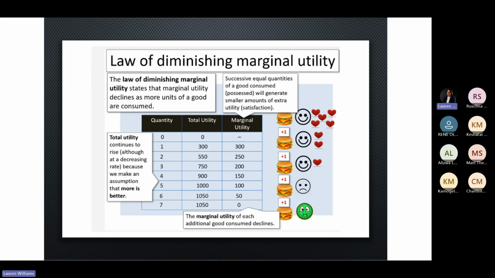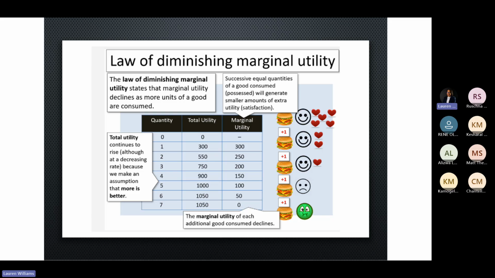So it will be the law of diminishing marginal utility. What I like about it is that the wording itself tells you what it's about. Diminishing means it decreases. Marginal means additional. Utility means level of satisfaction.